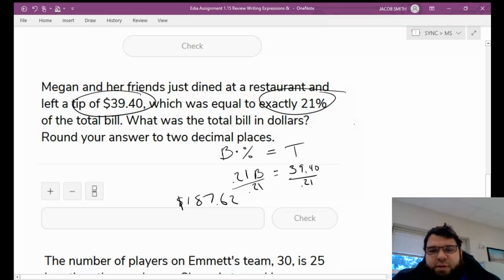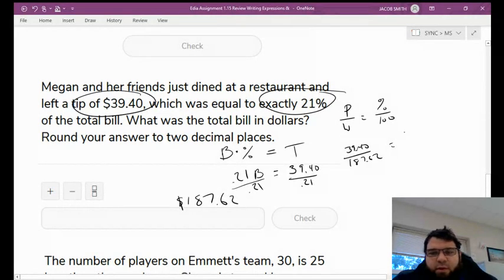We know for percentages, the part over the whole equals the percent over 100, right? So if we put 39.40 over 187.62, that should give us the percent over 100.